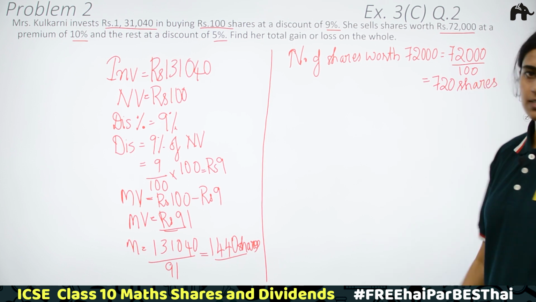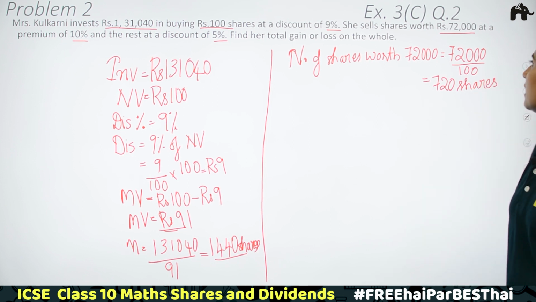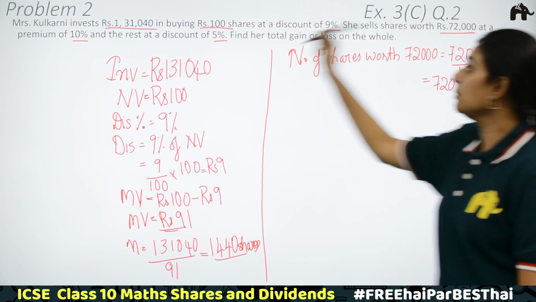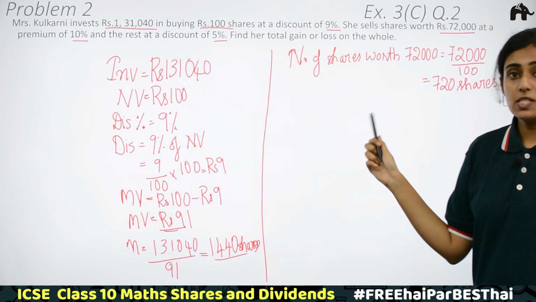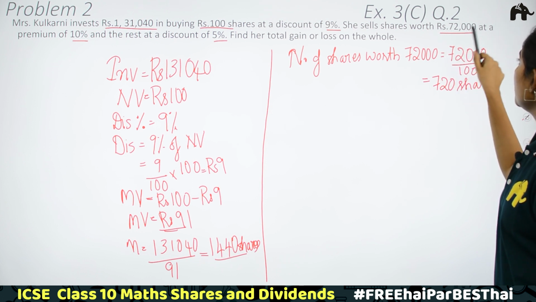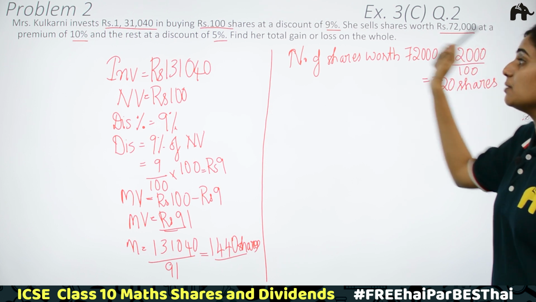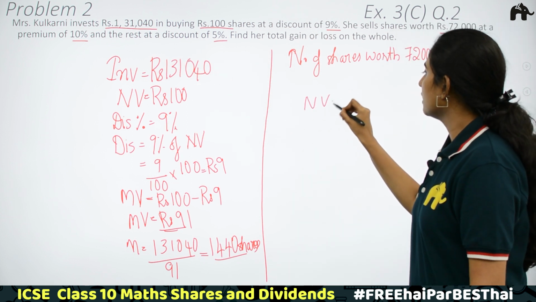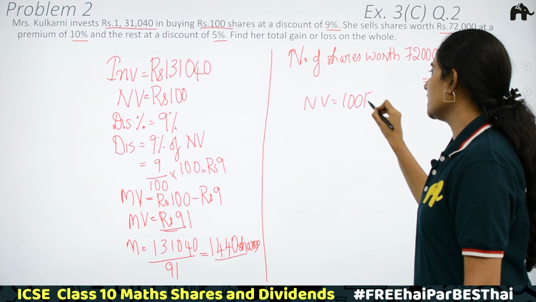Remember this point. Okay. Then, what is given? At a premium of 10%. Miss Kulkarni sells shares worth rupees 72,000 at a premium of 10%. Here the nominal value is rupees 100.